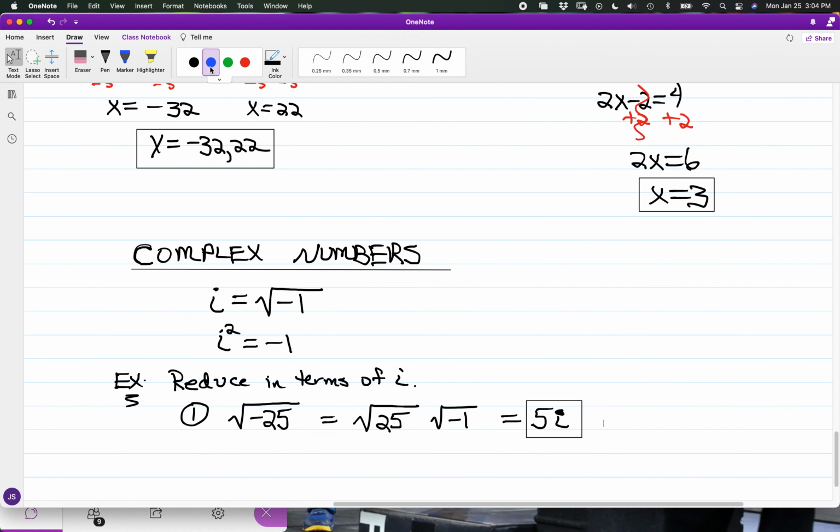Now let's say I have something like the square root of -18. So we will have the square root of 18 times the square root of -1. Now, unlike 25, 18 is not a perfect square number.